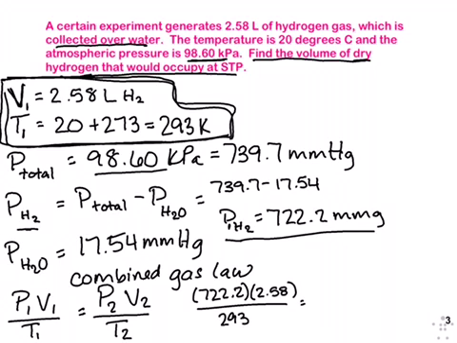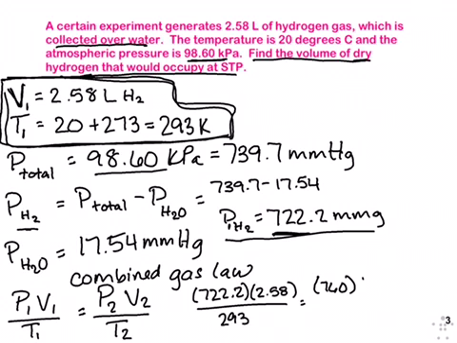And then we need to figure out what our second set of conditions are for the P2, V2, T2 side. And so our second pressure, remember this is at STP, so what is our pressure at STP? In millimeters of mercury. It has to be in millimeters of mercury because our initial pressure was in millimeters of mercury. 760, good.